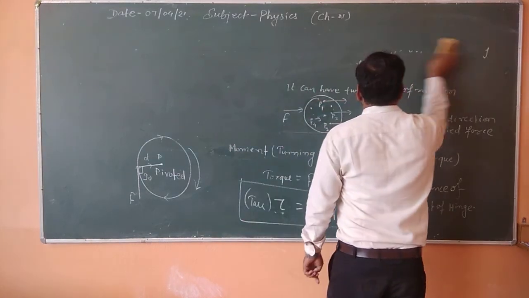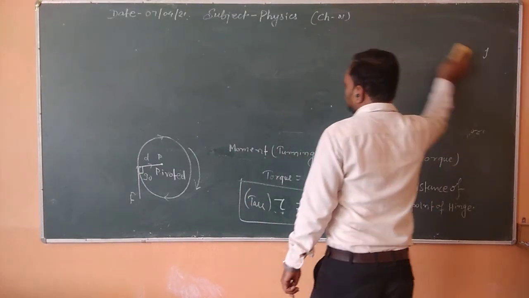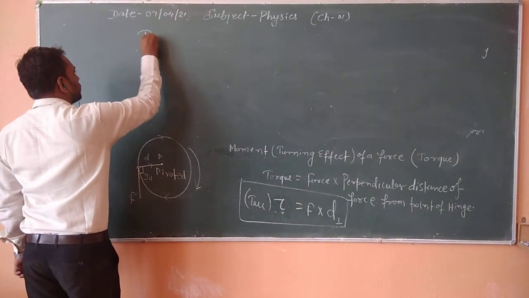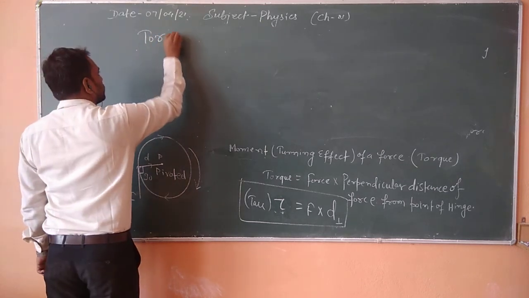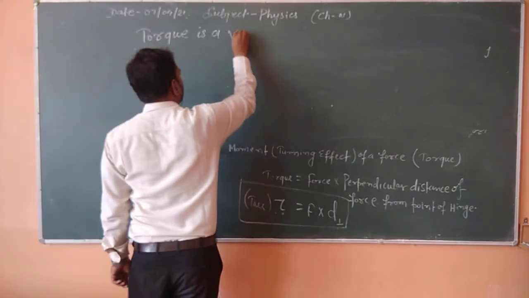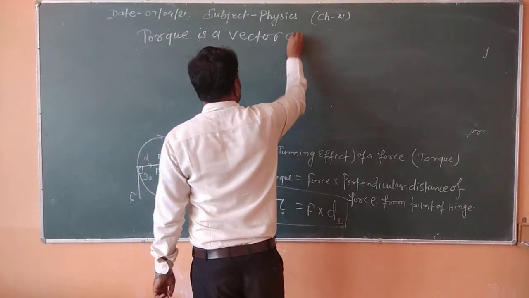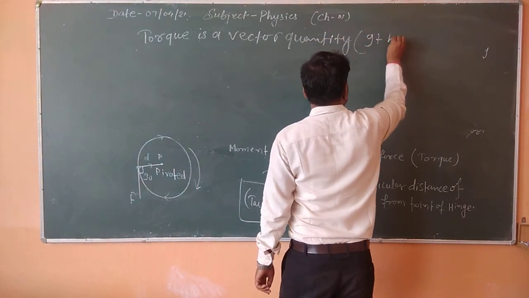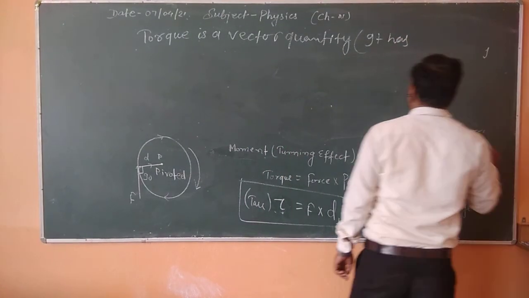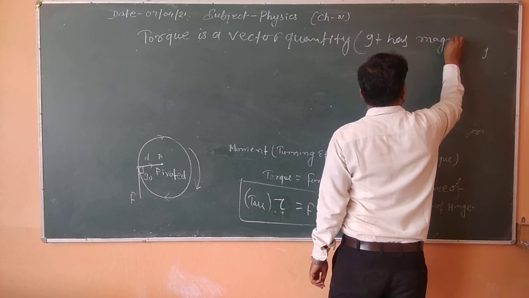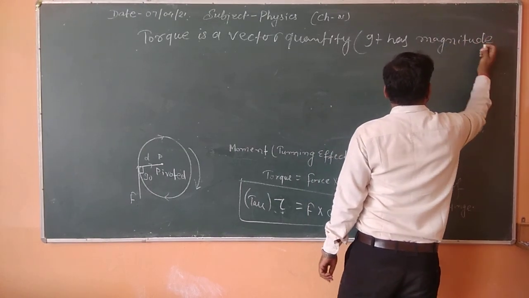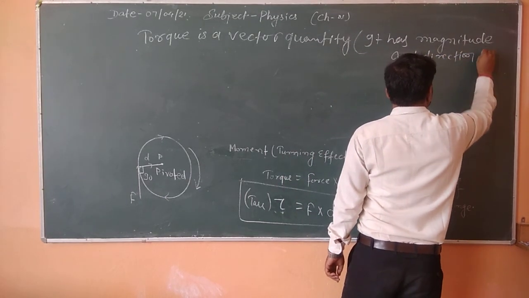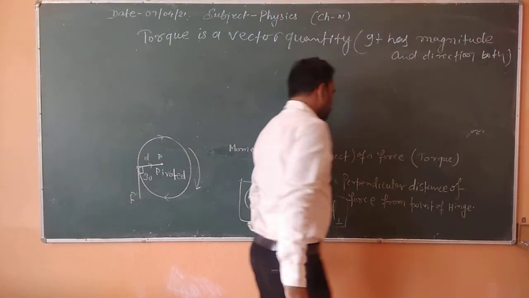So tau has magnitude and direction, both.